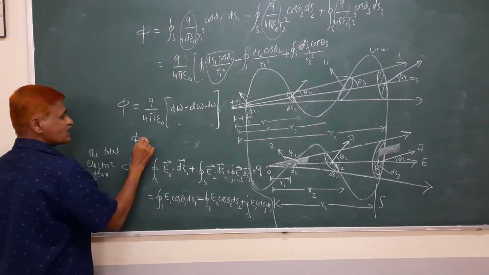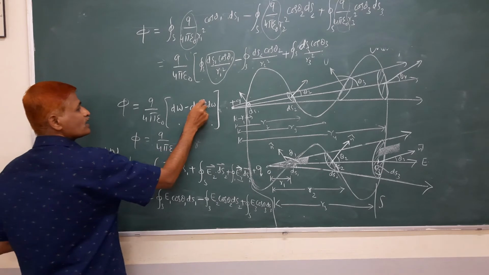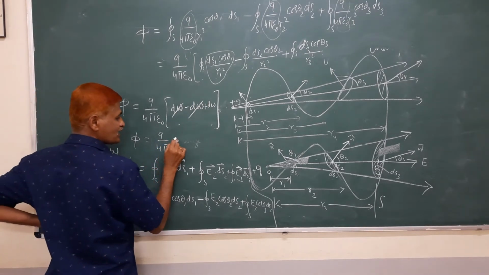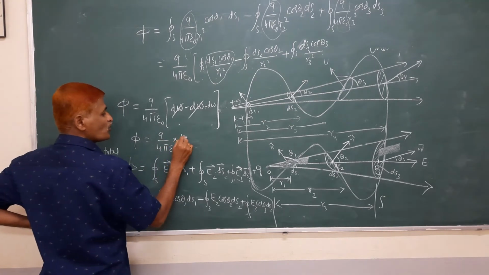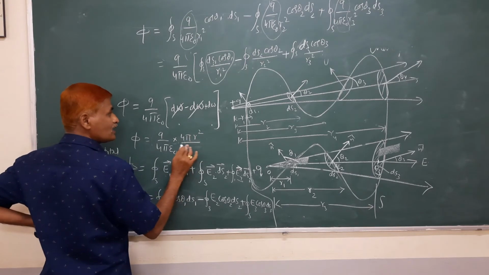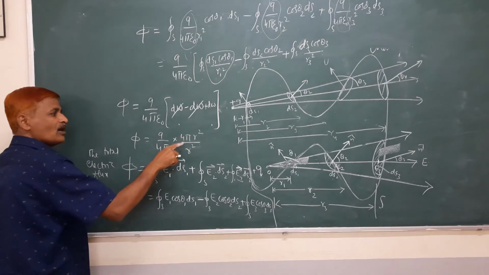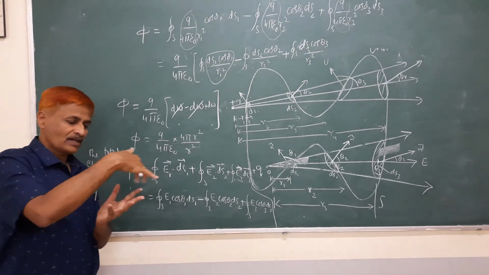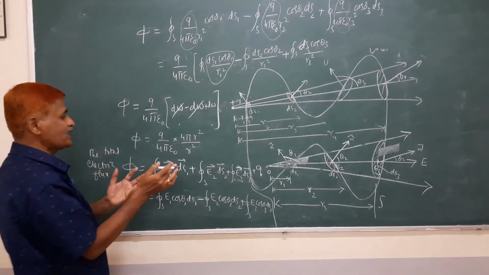Then phi is equal to Q divided by 4 pi epsilon times d omega, and the d omega value is 4 pi r square divided by r square. This is the total surface area over the cone divided by the radius vector squared.